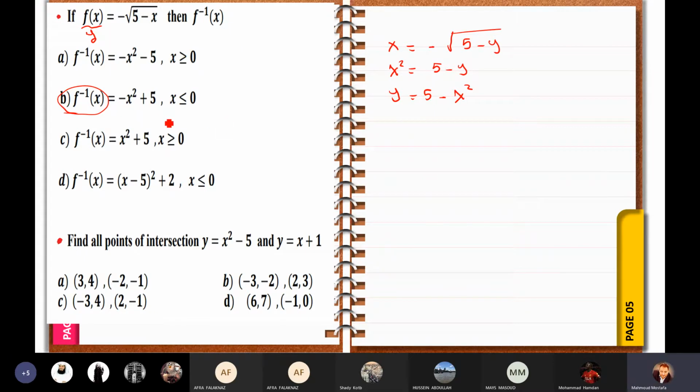Find all points of intersection. We have two equations here. The intersection means when the two equations are equal. It means when x squared minus 5 equals x plus 1.